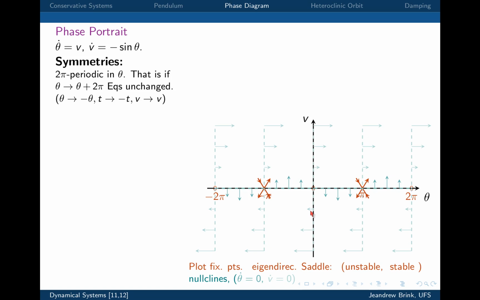Left and right, if you flip about 0, the two things are going to remain the same. So if you start plotting things that don't have those properties, you're making a mistake somewhere, and you've got to check where it is.